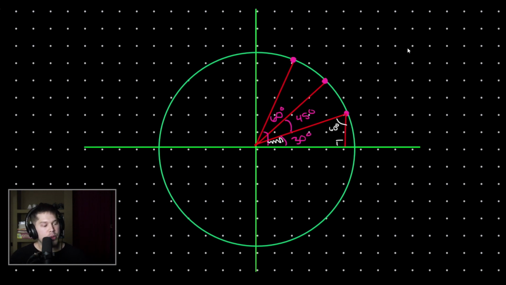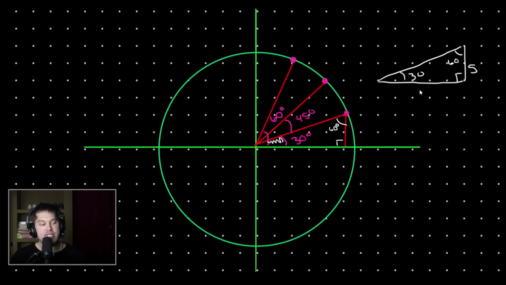And here I'll pull the triangle out so it can be a little bit easier to write and talk about. We have our 30, 60, 90 right triangle. And in our 30, 60, 90 right triangle, we know that the side opposite 30 degrees can be represented as s.